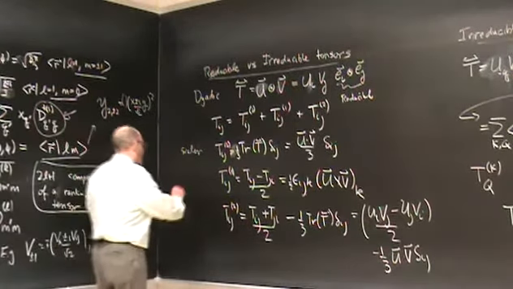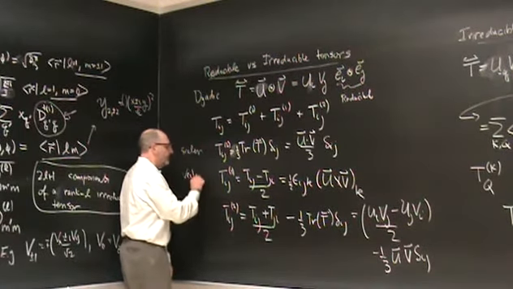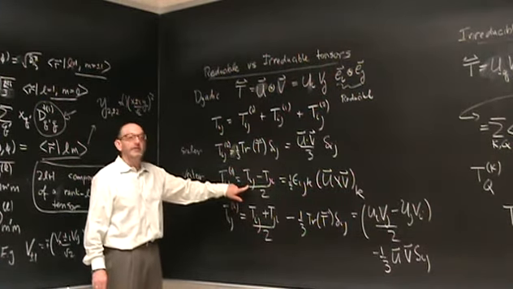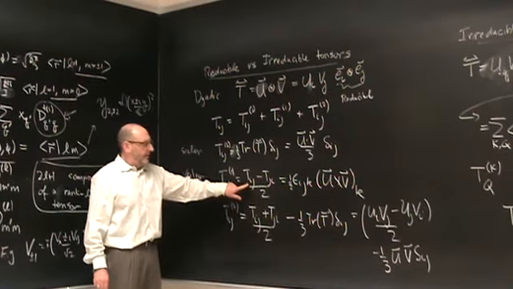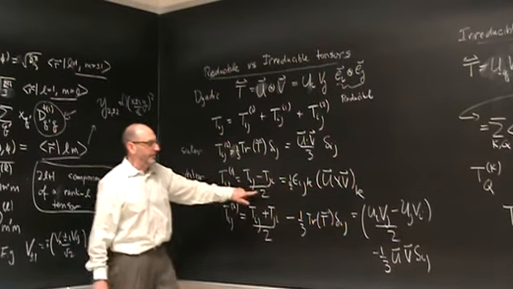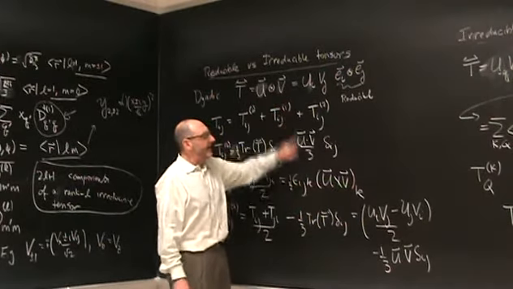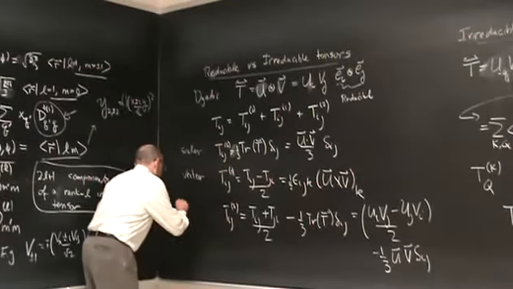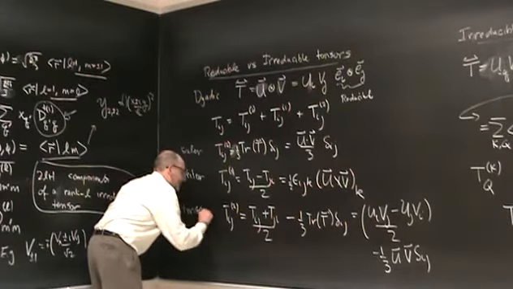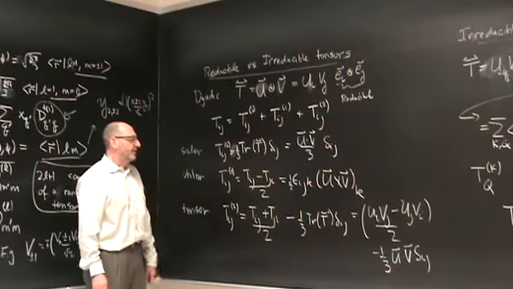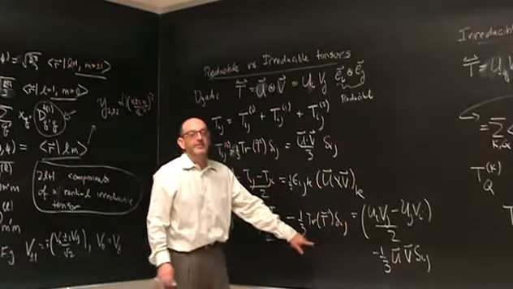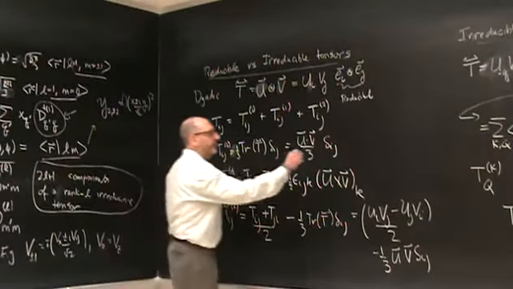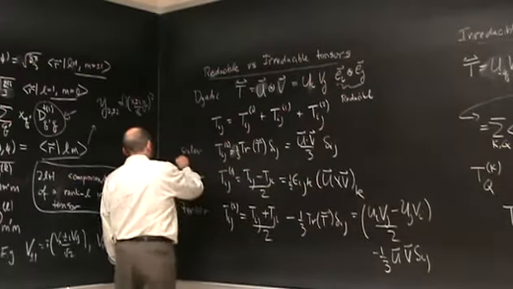There's a vector piece of this, which is an irreducible rank 1 component, and it's the anti-symmetric part of that tensor, which was related basically, for the case of the dyadic, to the cross product between the two. And then there's an irreducible tensor piece, which is the symmetric traceless part.